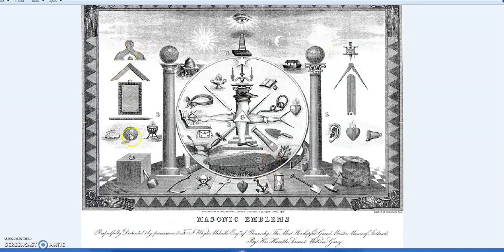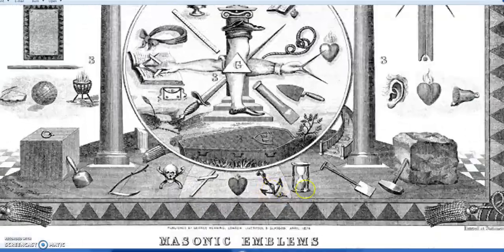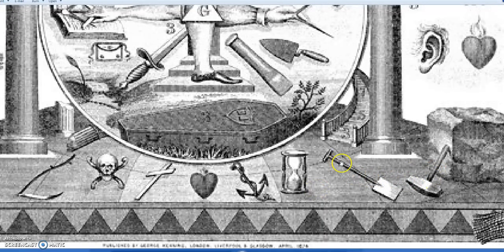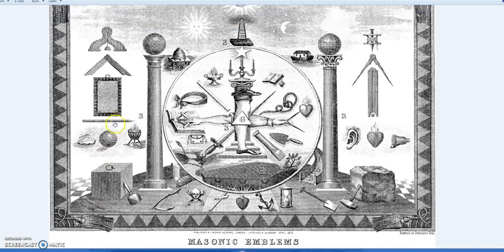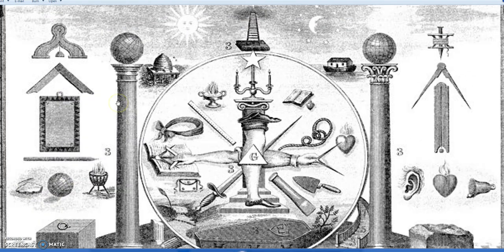This is a Masonic emblem, like a tracing board, which is basically a roadmap through the stages of initiation, but it also shows these very important symbols of working with stone, timekeeping. There are both moral and industrial symbols here, like the compass.